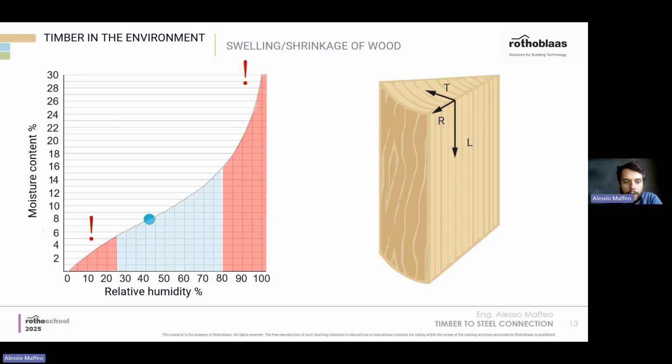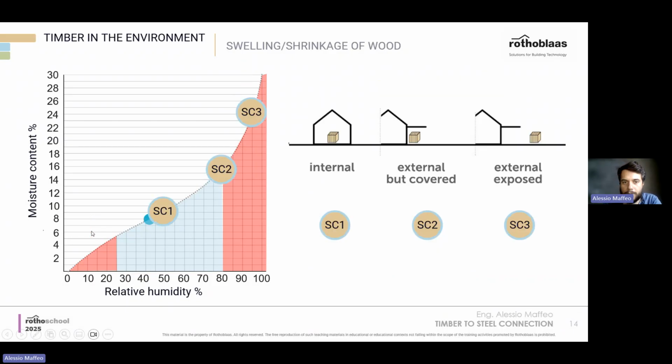As soon as we go with a too low humidity or a too high humidity, there's a very steep slope here, especially for the high humidity. So we never want to stay in these red areas.